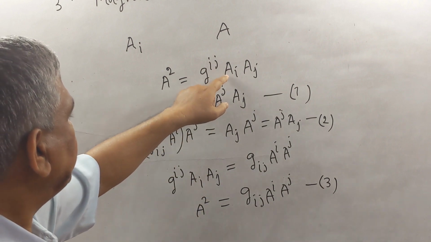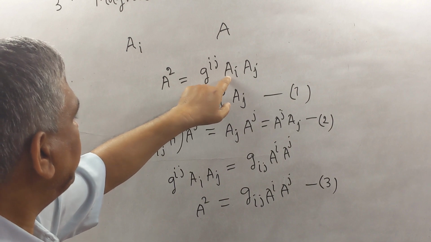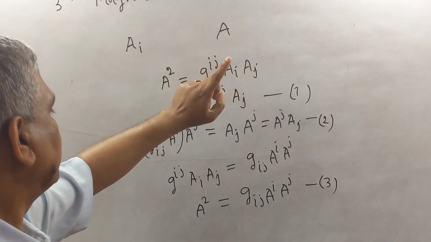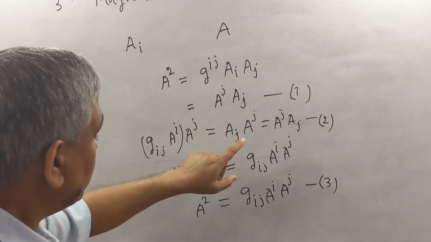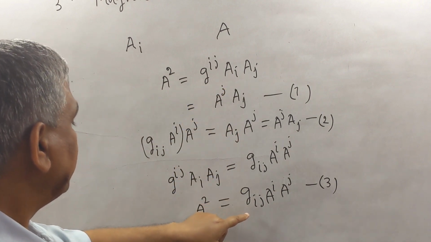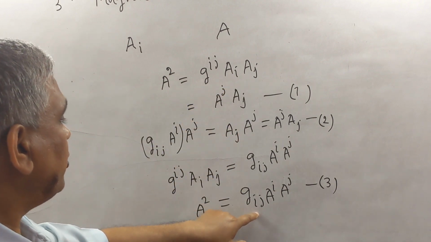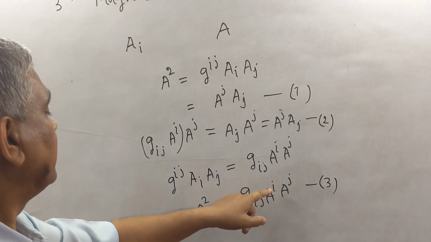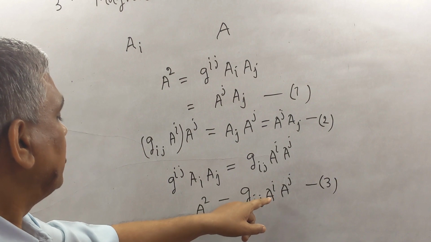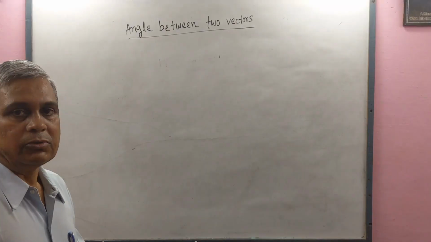Here we take the magnitude of a contravariant vector or tensor of rank 1. So we may also define the expression for the magnitude of a covariant vector of rank 1.